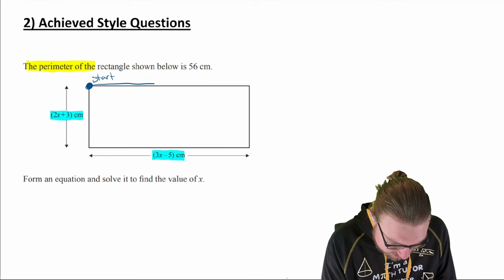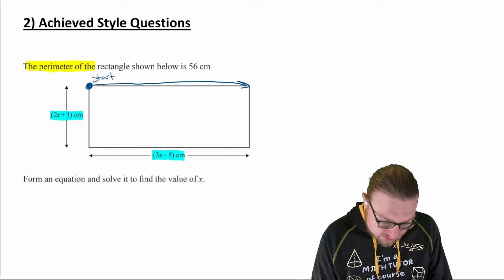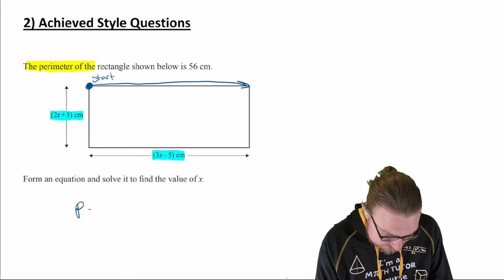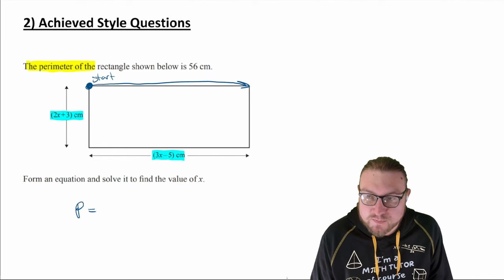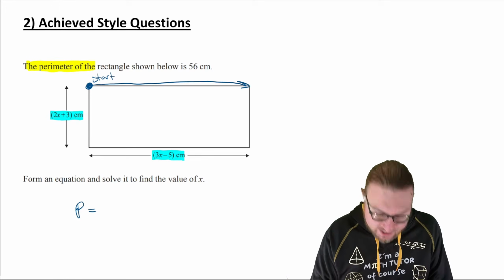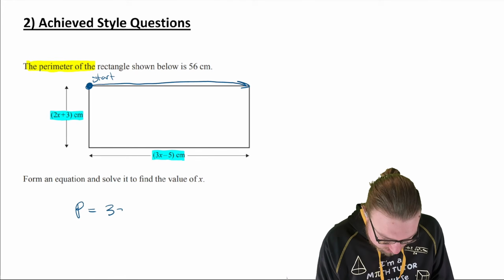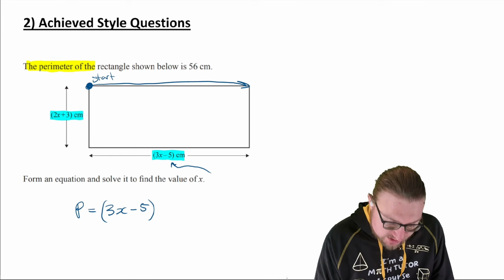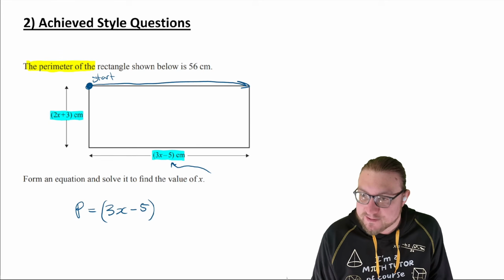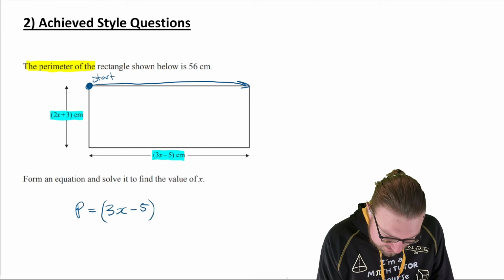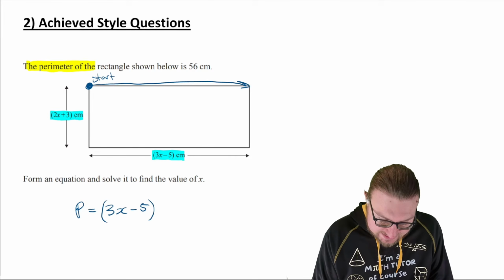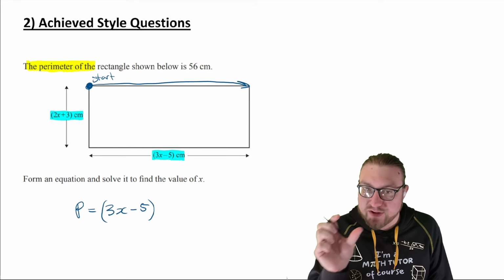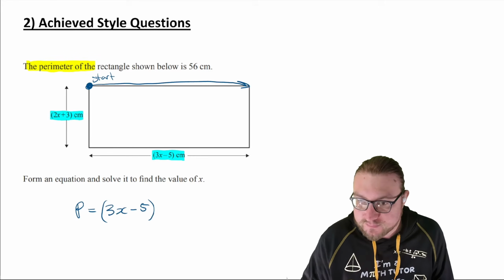So let's first go over here. Well, we need to write down how long this side is. And of course, because it's a rectangle, we know opposite sides are the same length. So we get 3x minus 5. And they're very kind here to give you that these are in brackets. If they don't have brackets here, then you need to remember that each one of those itself has to be put in brackets.